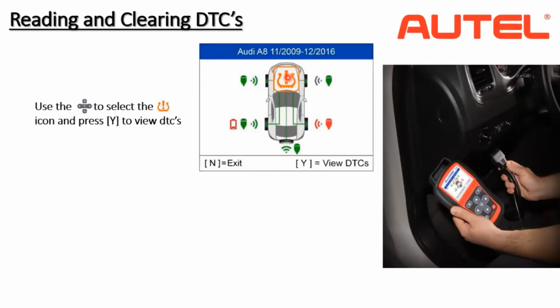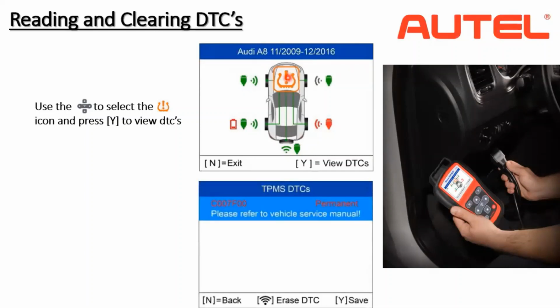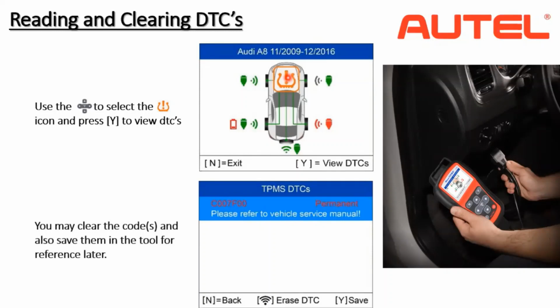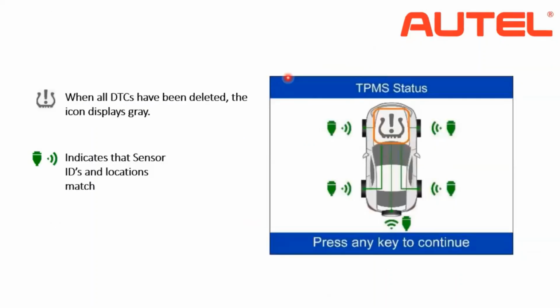Once we press Y, we can see the DTCs, and we can check and erase the DTCs if you want. When all DTCs are cleared, it will be shown in gray. So everything is all right. Everything turns green, and indicates the sensor IDs and the locations match now. And the OBD relearn procedure is complete.